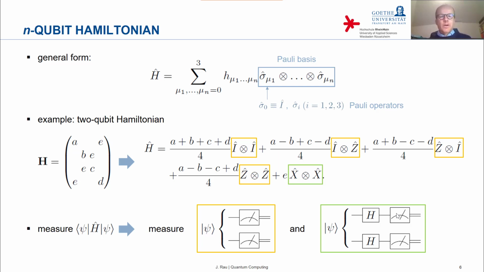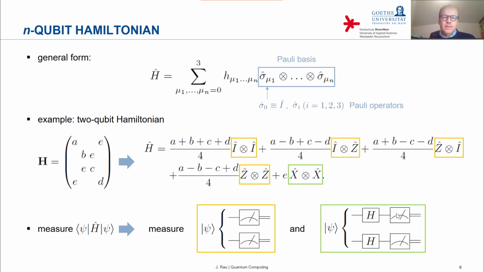So the problem of determining experimentally the expectation value of this 2-qubit Hamiltonian in an arbitrary 2-qubit state psi has been mapped to a circuit where we apply standard measuring devices for qubits, either in the original standard basis or in some rotated basis, and we can achieve the rotation of the measurement basis by adding Hadamard gates in this example.